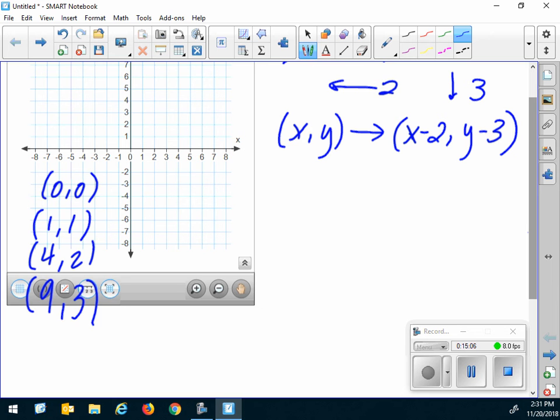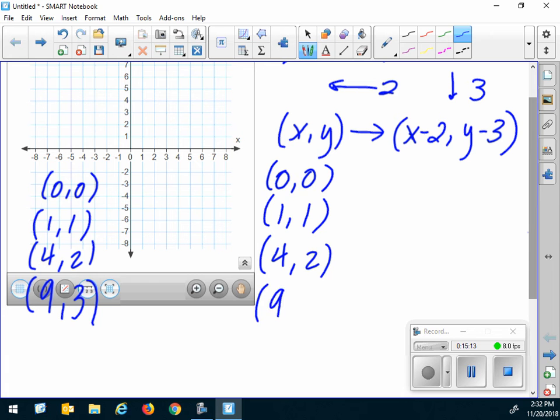Okay, now we're going to take your 4 points, so please write those 4 points down just like we're doing up here. And put each of those 4 points through that machine, and let's see what we get. What's our first point going to be? Yep, 0 minus 2 and 0 minus 3.